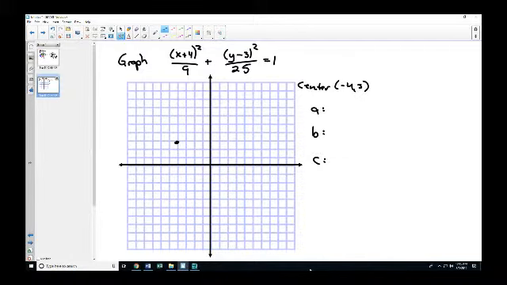Is it 9? Why isn't it? Is that root 9? I didn't give you a piece of information you might want to know. A is always the larger of the two numbers. So A is 5 and B is 3.